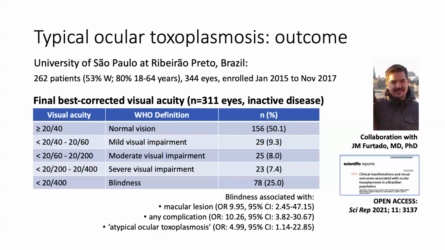It's a large series of patients, and you can see for 311 eyes, once the disease had become inactive, so it's quiet now, only about half of the patients were left with normal vision. And a quarter of patients had very severe visual loss to the point of blindness.